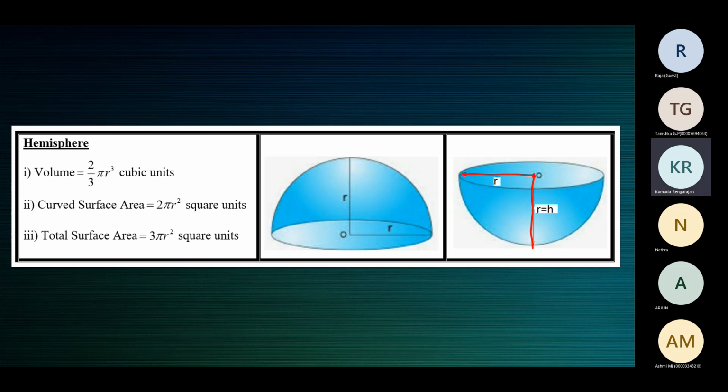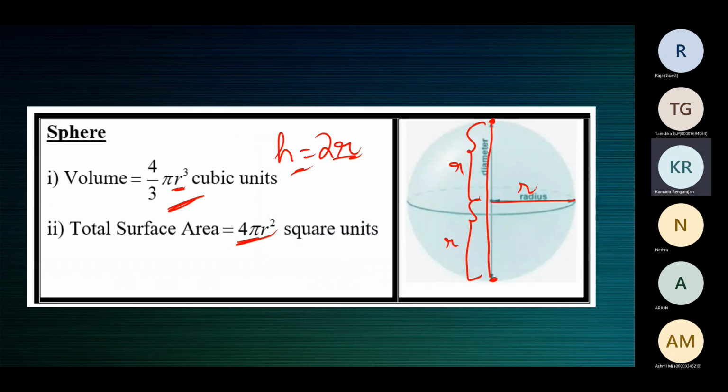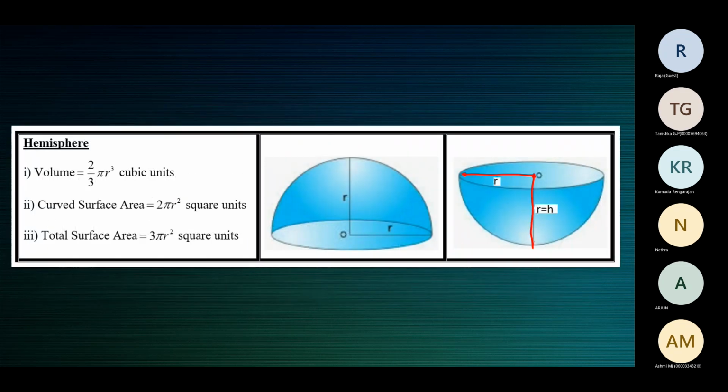In a sphere, the height is equal to twice the radius. In a hemisphere, the height of the hemisphere is equal to the radius of the hemisphere.